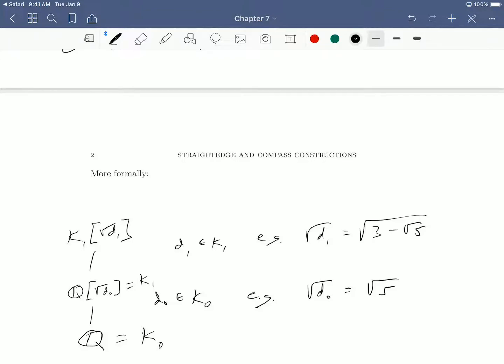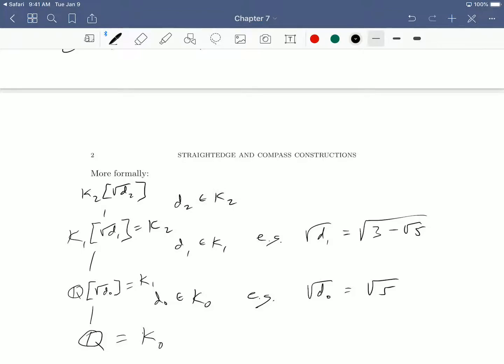Okay, so I can keep doing this kind of thing. So maybe I'll write one more. My next set in this chain might be taking this whole set, which I'm going to call K2. I know I can construct it. Now let's add on a square root of something D2, where D2 is in K2.